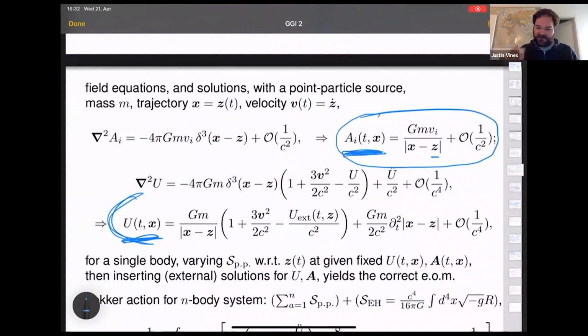You just add them together, you've got the total field. And this is the important information that we need to move on to talk about radiation, etc., is these solutions to the field equations. And of course, here they're given in terms of these world lines, which are obeying these equations of motion.